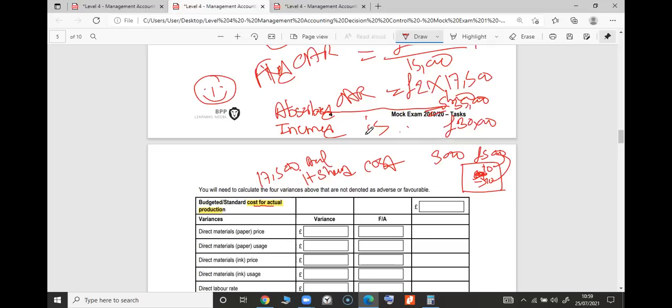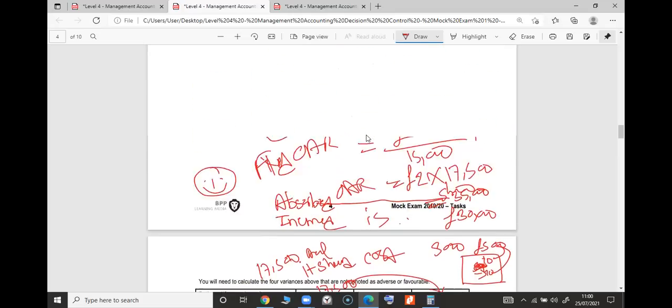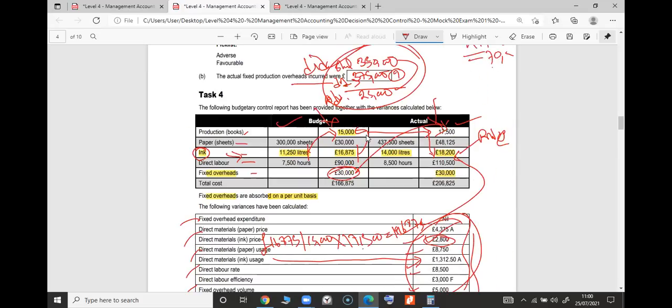Well, so many things we have identified already, and I have asked you quite a few things already. Now, can you please give me the first answer? Budgeted or standard cost of actual production. You know, actual 70,500. How much should it cost you? I can keep this one in front of you, a little tidier.